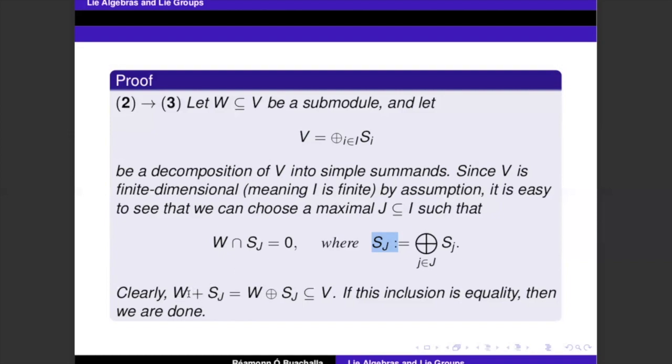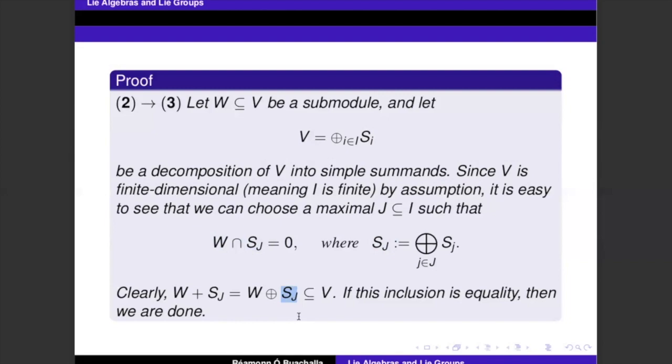Now, if we take the sum of W and this new submodule, it would be equal to the direct sum, because by assumption the intersection is 0, and it would live inside V. What we would like is that this sum over J will actually be the complement that we want.